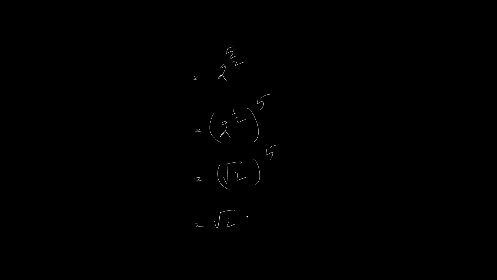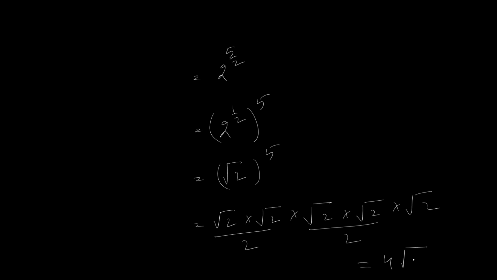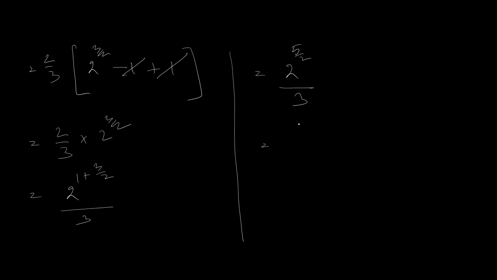So this is root 2 into root 2 into root 2 into root 2 into root 2. Root 2 into root 2 is 2, root 2 into root 2 is 2, so 2 into 2 is 4. Ultimately I got 4 root 2. Therefore this can be written as 4 root 2 by 3. So this will be the answer.